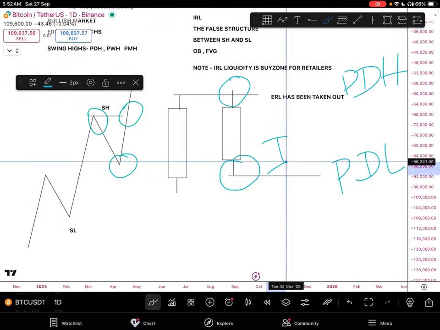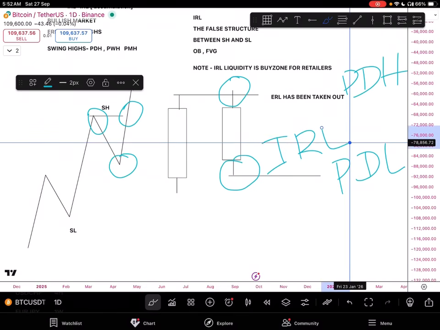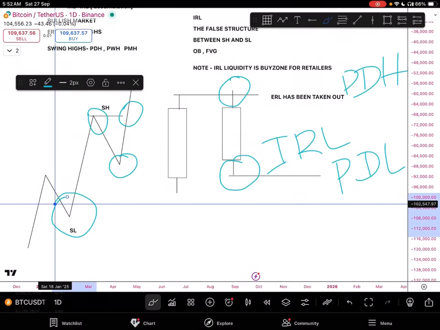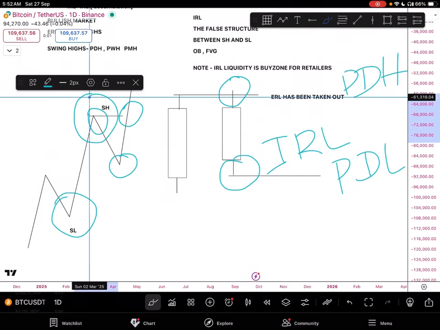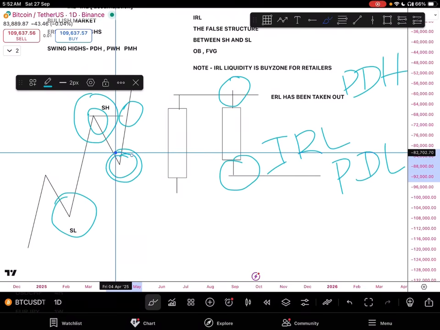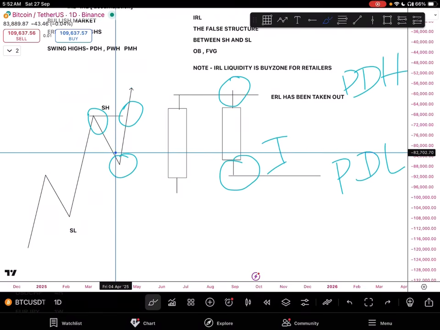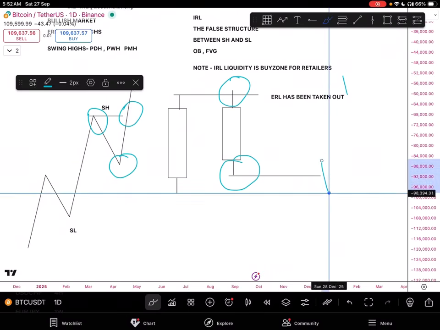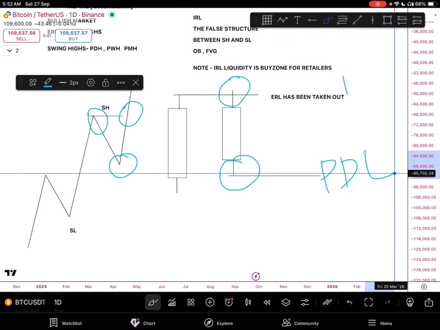It is internal range liquidity. Why? It is the structure between the swing low and the swing high. This is the false structure to make the retailers buy from this zone. So if the previous day high was taken out, now the target was the previous day low.